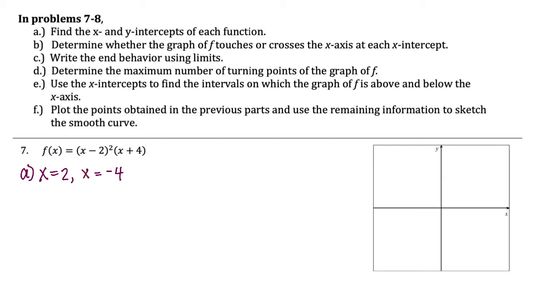And then for part B, determine if it touches or crosses the x-axis at each x-intercept. So for part B, you're going to touch at 2. And then cross at 4.